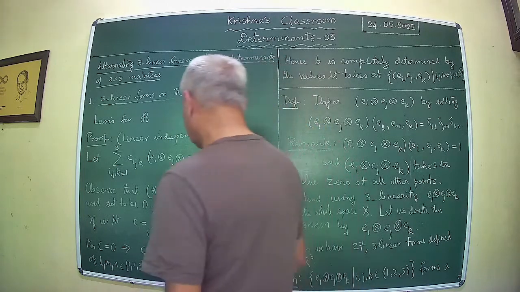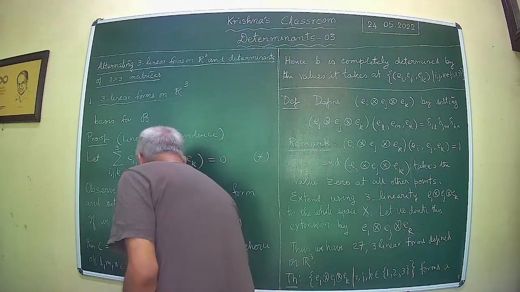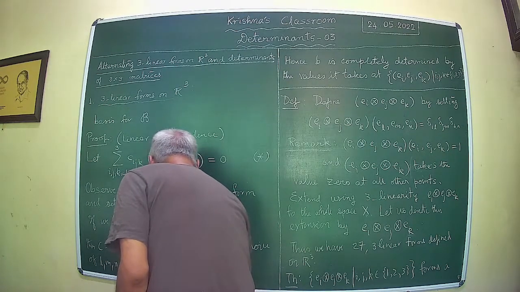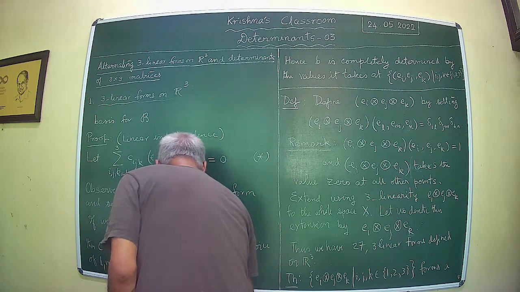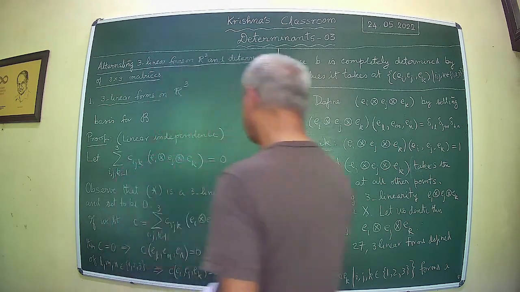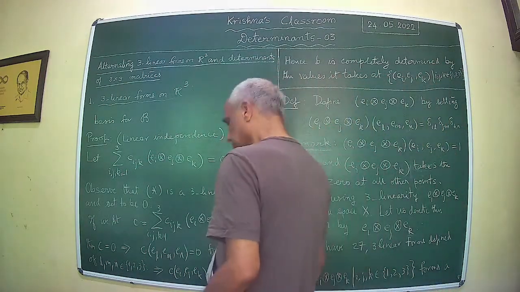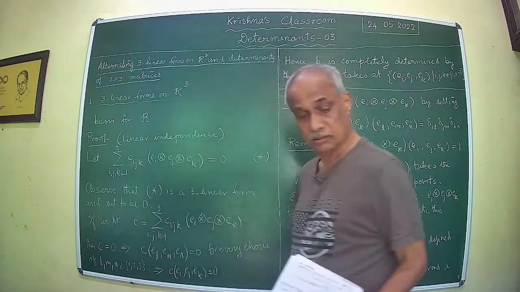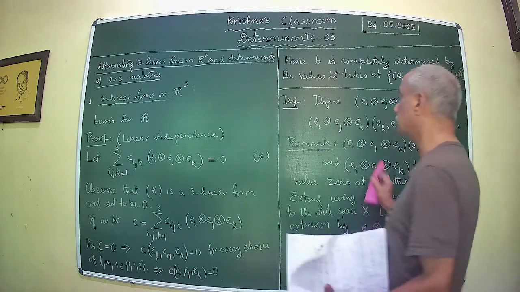Now we observe the following, that C equal to 0 implies C at e_i, e_j, e_k is 0. What does it mean? You can easily compute what it is.